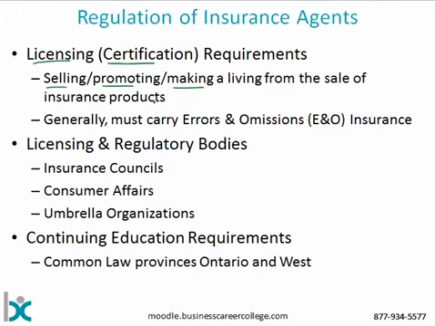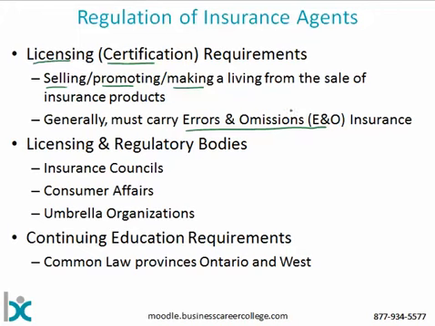It does vary a little bit from province to province, but basically, if you get paid as a result of somebody having new insurance in force or supporting existing insurance, then likely you require a life insurance license. And in most cases, it's not universally true, but most people who have a life insurance license also have to carry errors and omissions insurance.